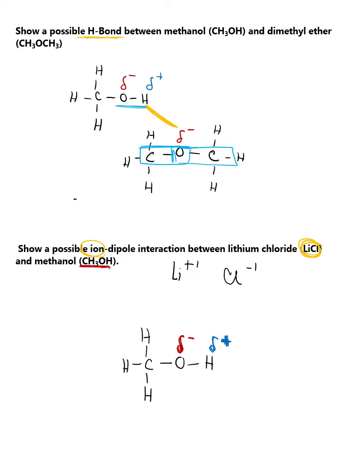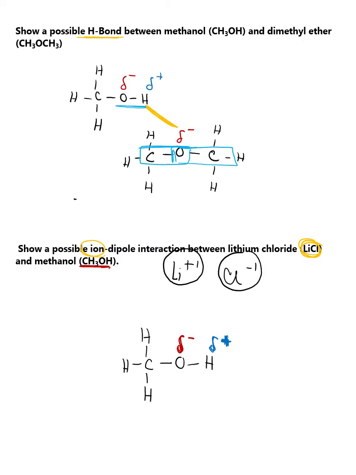So when your lithium chloride dissolves, you get your ions, right? They separate because they're dissolving. If your ionic compound is not soluble in the solvent that you're using, in this case methanol, then your ions will remain together. They won't dissolve, which means that you will have the solid present. Lithium chloride is soluble in methanol because you have ion-dipole interaction.